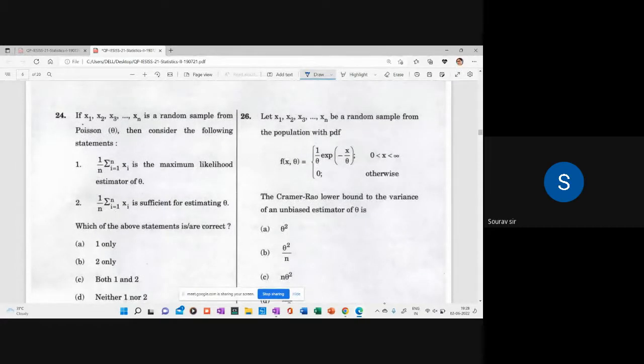There is a random sample of size n given from Poisson distribution with parameter theta. They are giving two statements: that 1 by n summation xi is the MLE or not, and that 1 by n summation xi is sufficient. Okay, so you need to check for that. So first of all, do you know the answer, or shall I chalk out the whole question?